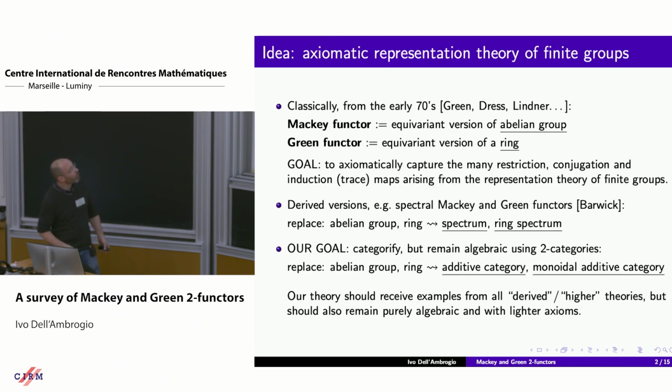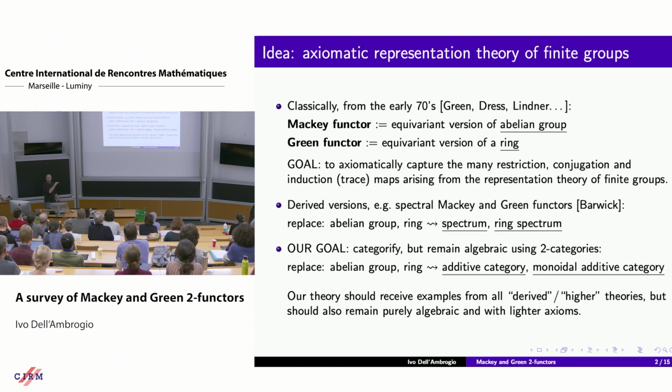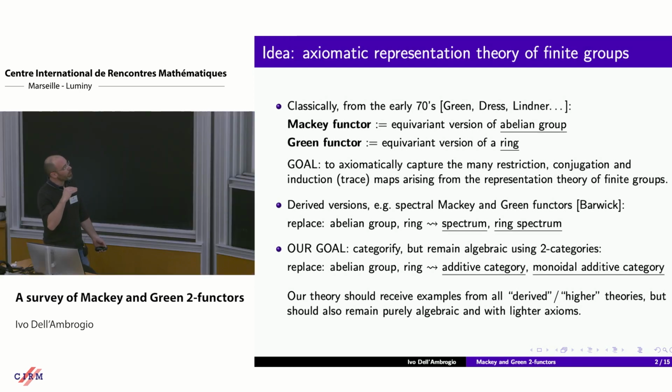But today our goal will be to basically categorify the original notions, but only one step, remaining in the world of 2-categories, or bicategories. It will be equivalent, it will be the same for me today. So using only 2-categories, where we replace an abelian group by an additive category and a ring by a monoidal additive category, where the tensor preserves direct sums.